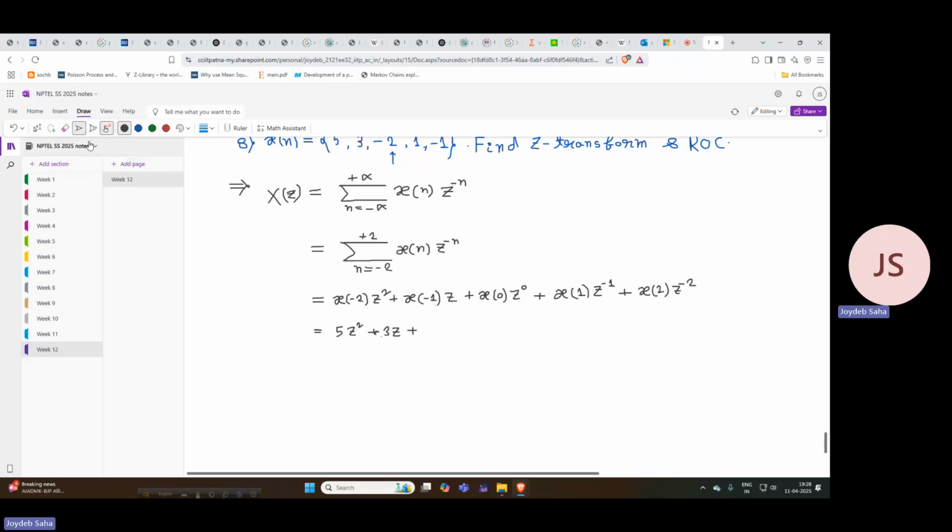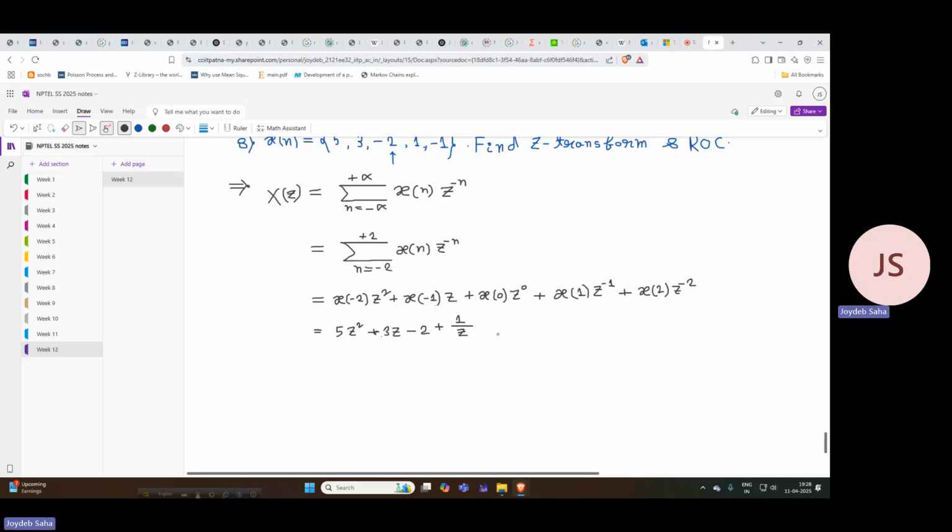So it will be minus 2, plus 1 and z minus 1, that is 1 upon z.